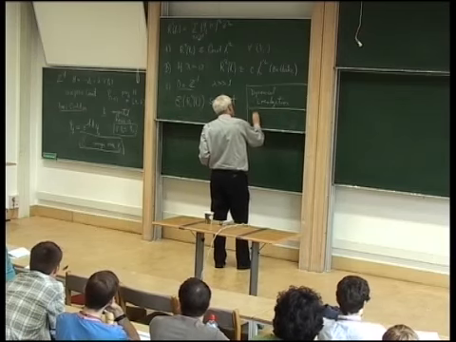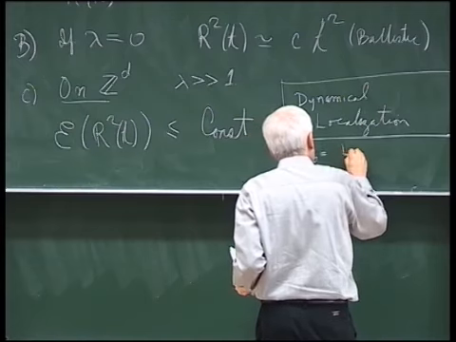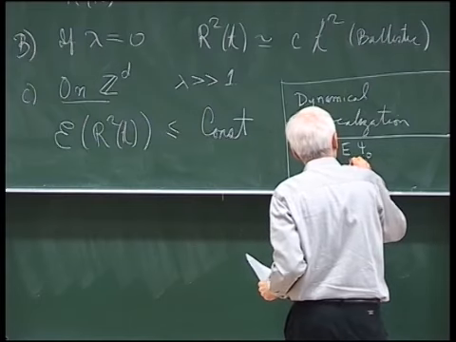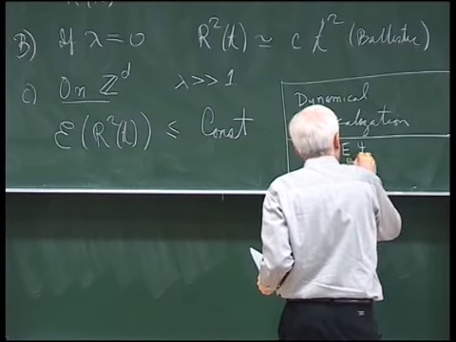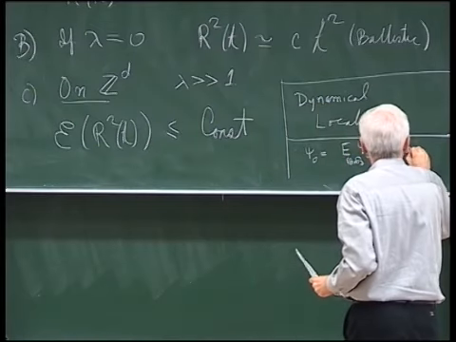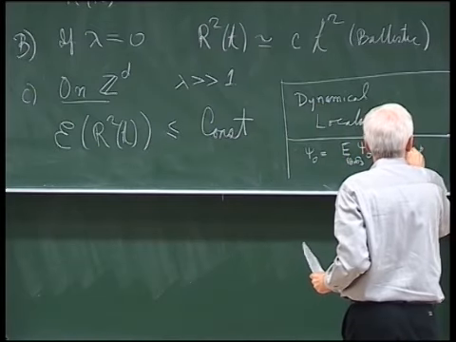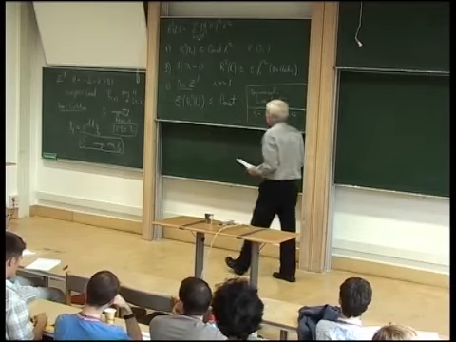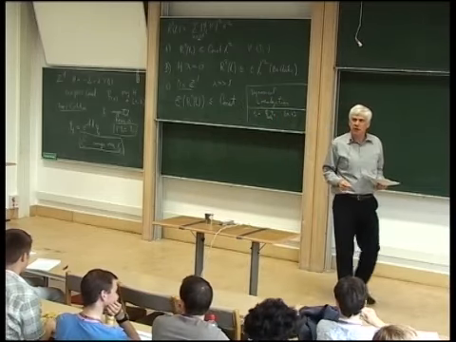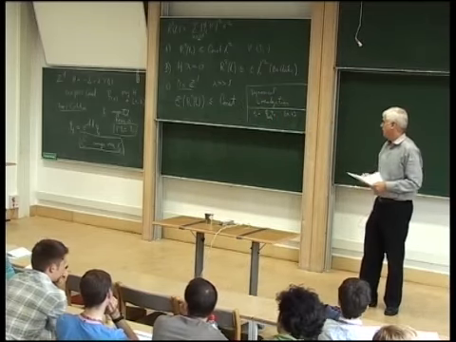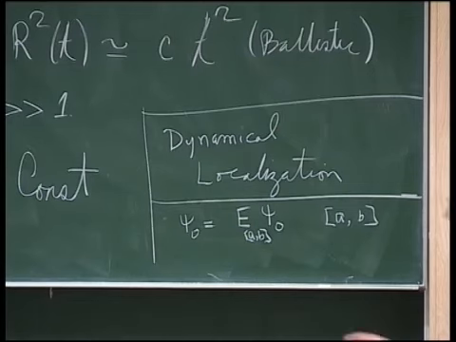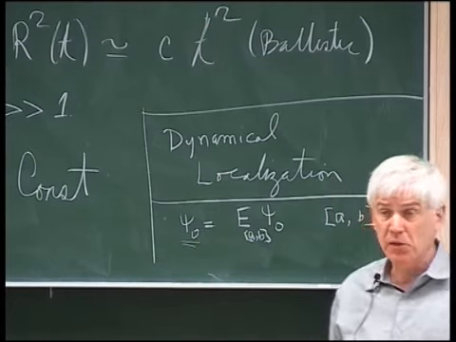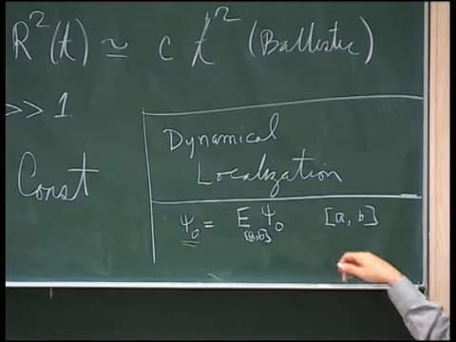I would have to assume that psi 0 was equal to E psi 0, where E is the projection on the interval A, B, and A and B would be some fixed interval, let's say, near the origin, or low energies. So this function can't have compact support, but it will decay very rapidly. You can arrange for such a thing to happen.